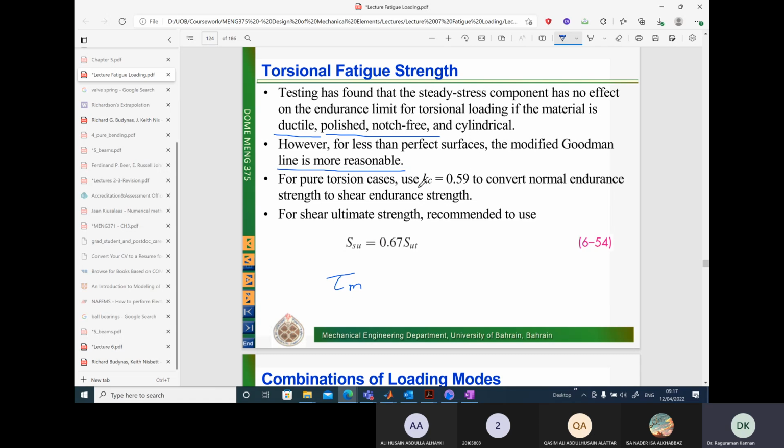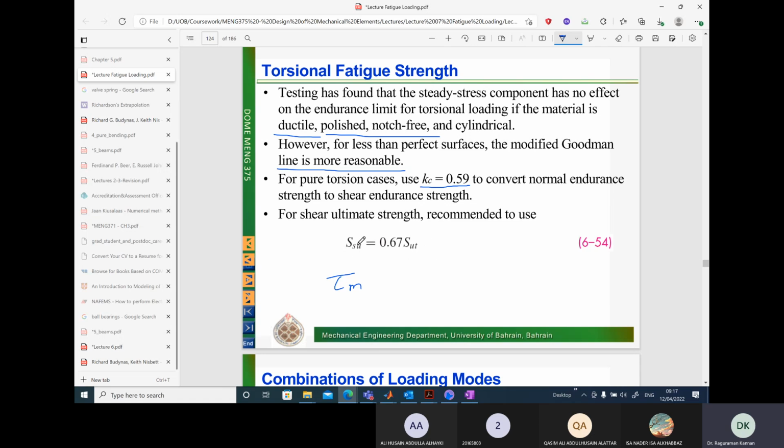Okay, so less than perfect surfaces. For pure torsion cases, use Kc equal to 0.59. So we have seen the Kc value for bending is equal to 1. For the tensile cases, we can use a different value. For torsion, we use Kc, the Marin factor Kc as 0.59.